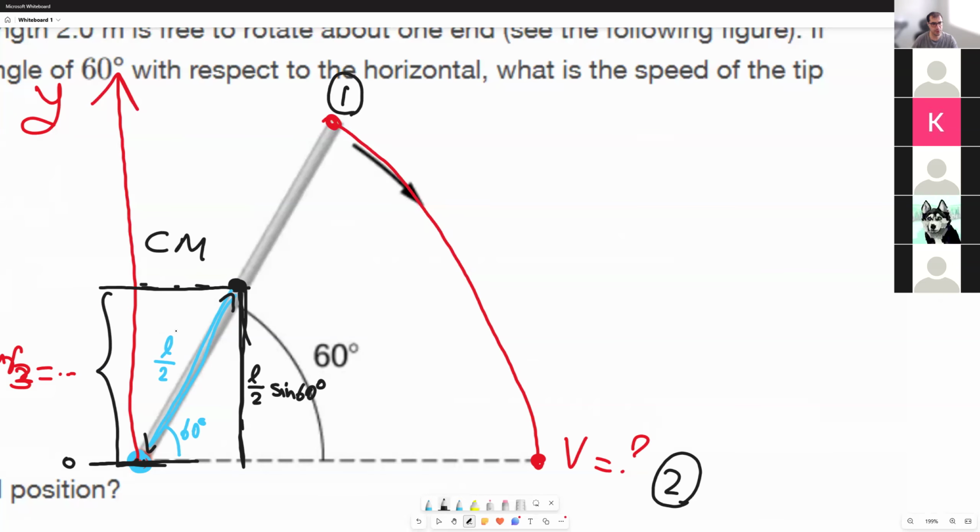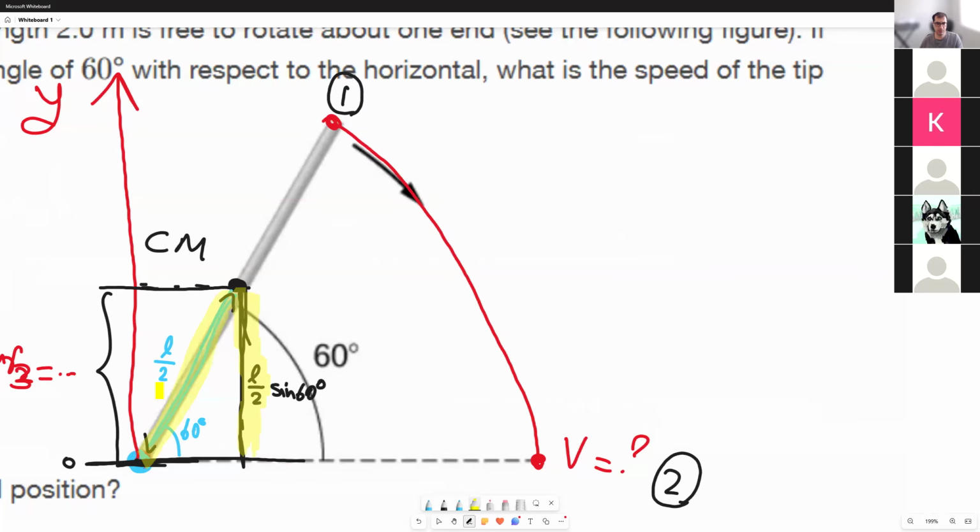Does it make sense or no? Professor, I didn't get it. Why is it L over 2 sine 60? Can you please elaborate a little bit? Okay, one more time. What are we looking at? You tell me. What do you want to find out? The height of the center of mass with respect to this zero, right? Do you agree that it is this black line? Do you agree that this much is L over 2?